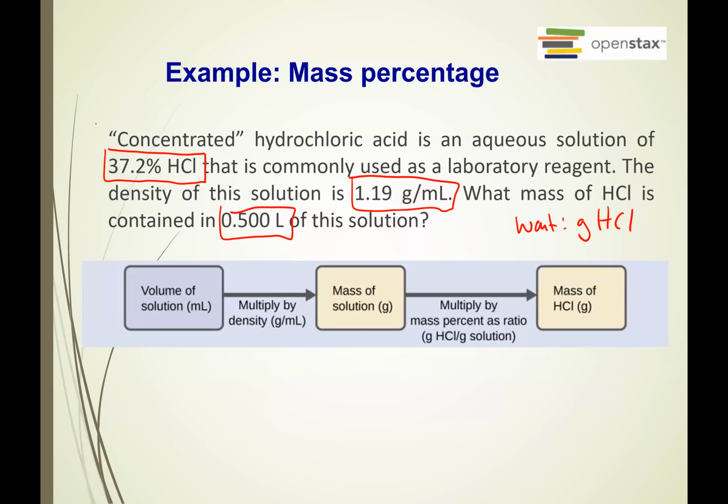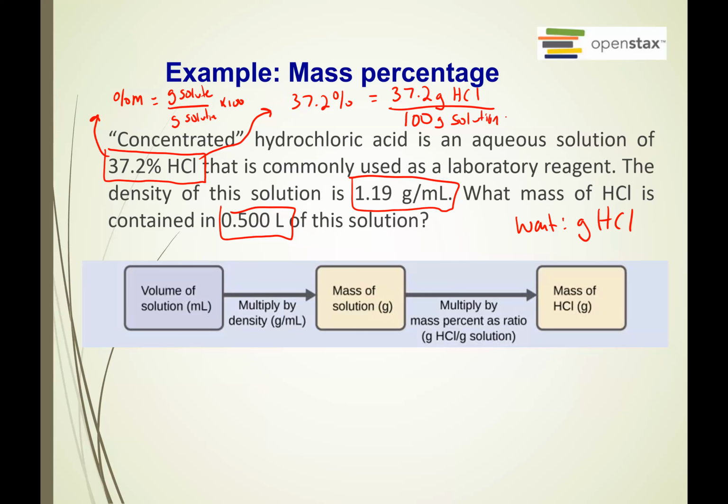So this here is an aqueous solution. When we look at this 37.2%, remember, percent mass is grams of solute over grams of solution times 100. So we can interpret this in that exact same way. 37.2% means there's 37.2 grams of HCl in 100 grams of solution.